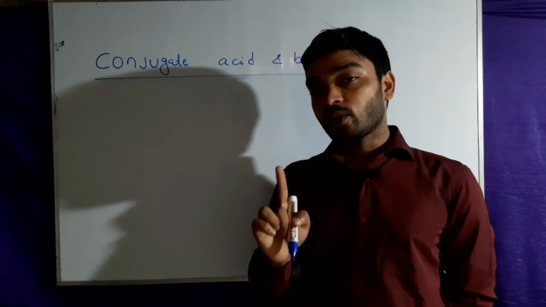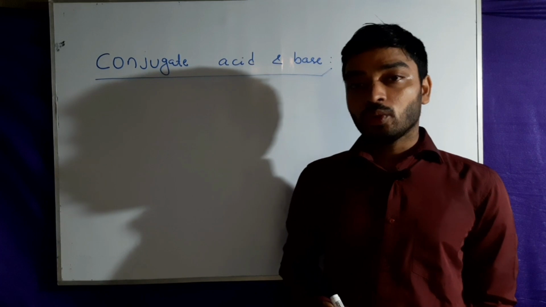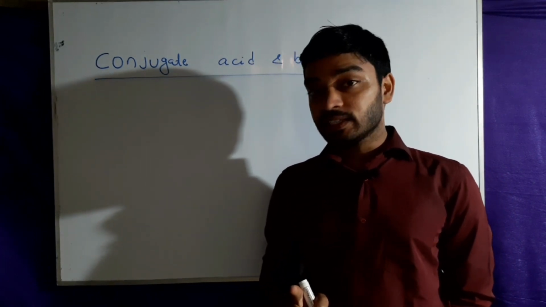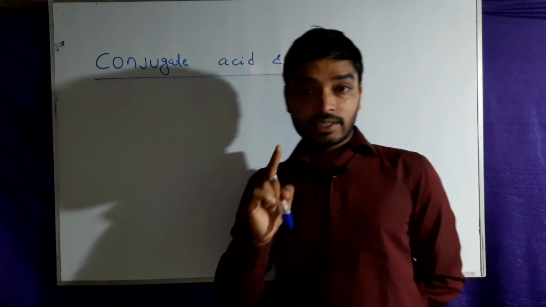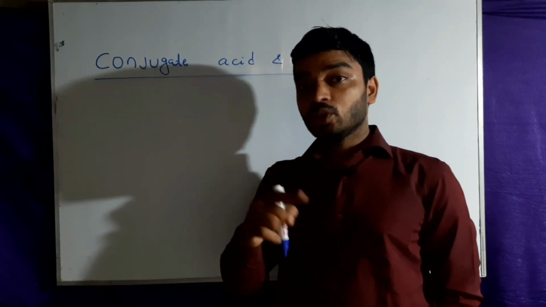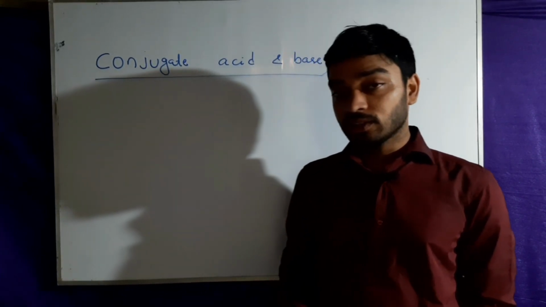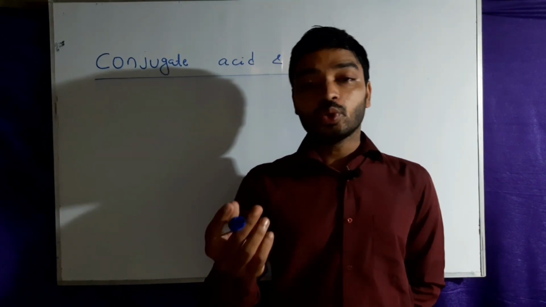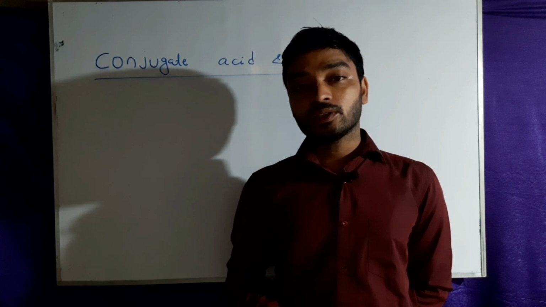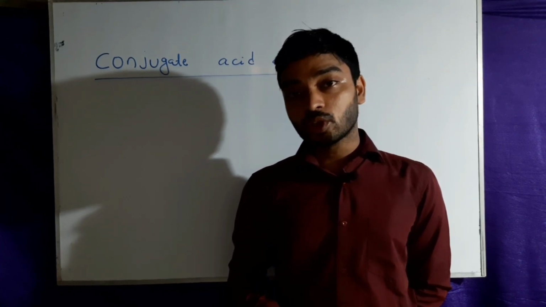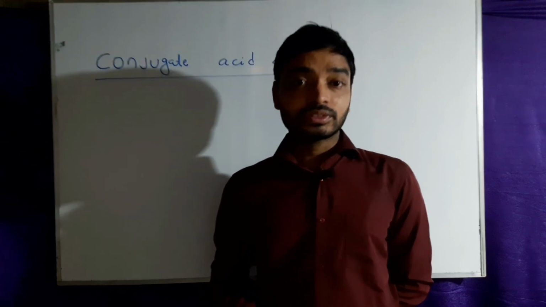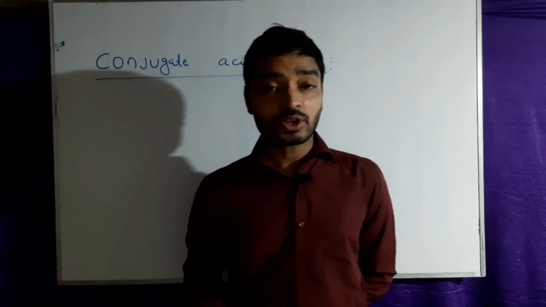According to the theory, any acid has the tendency to donate H plus ion. Similarly, the bases have the tendency to receive that H plus ion. So acids are H plus donors and bases are H plus receivers according to the Bronsted-Lowry concept.